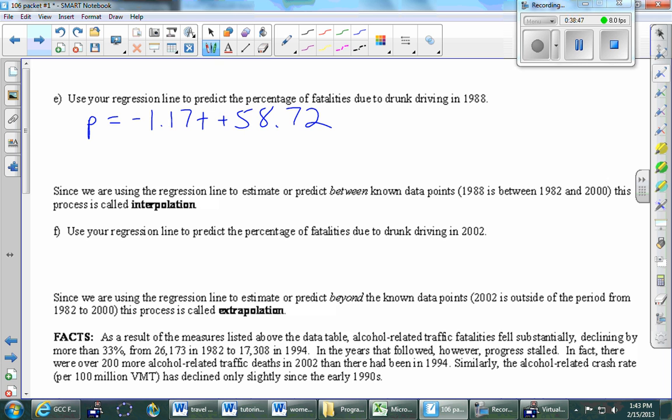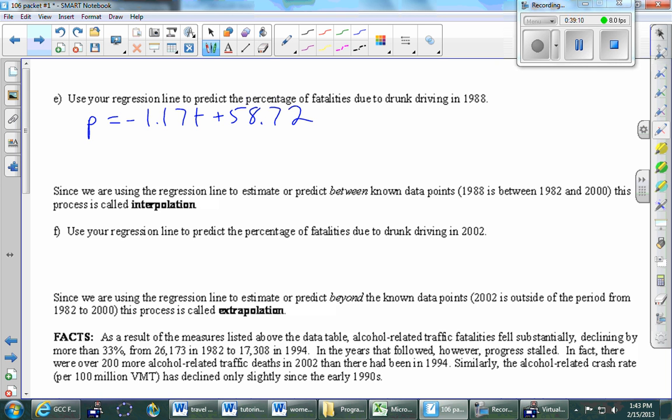Oh, that was our estimate. Let's write down the right equation. It says use yours. All right, let's just write down the one we had. 1.17 t plus 58.72, is that what we had? That's our regression line. That was our best estimate.